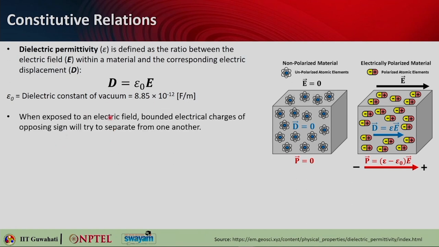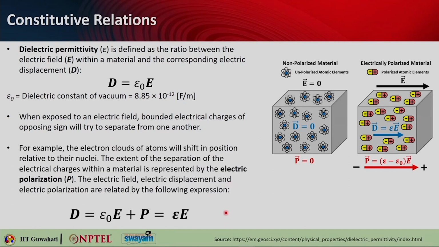So when we expose it to the electric field, we have seen that the bonded electrical charges of opposite sign try to separate from each other, and that results in the polarization of the material, which is called electric polarization. And you can write D in the presence of a material as epsilon naught E plus P. This is the extra term that comes when your electromagnetic field is interacting with the material.